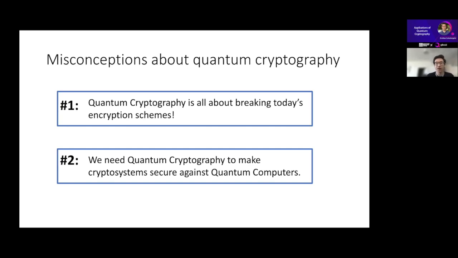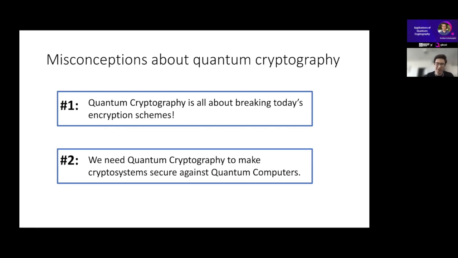In fact, all of the cryptographic tasks that we love and that currently rely on unsafe computational assumptions, we also know how to construct these with security based on other computational problems, which we believe to be hard also for quantum computers. In other words, we can fix our current crypto systems without actually using any quantum information at all, just by basing security on different problems.